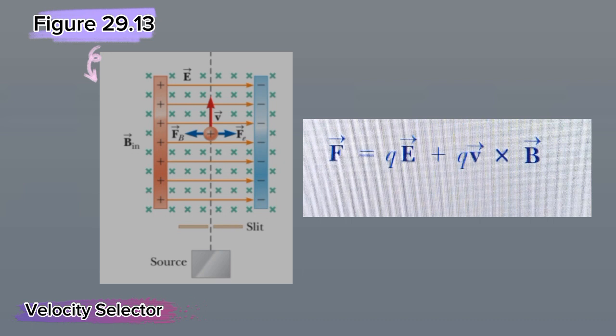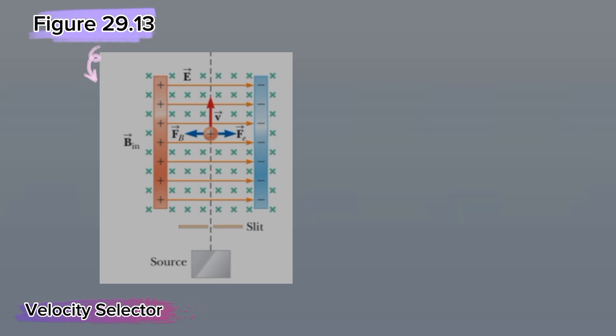When the magnitudes of the two fields are chosen so that qE equals qvB, the forces cancel. The charged particle is modeled as a particle in equilibrium and moves in a straight vertical line through the region of the fields.